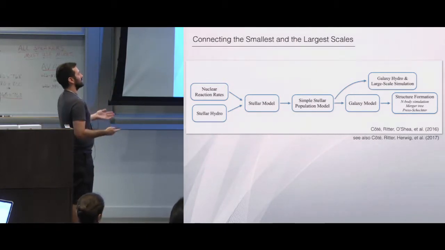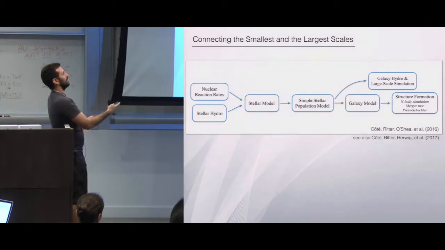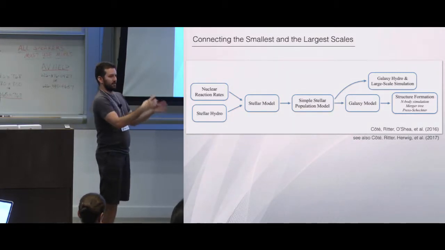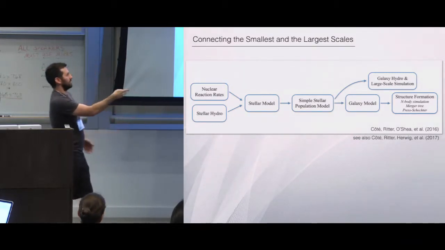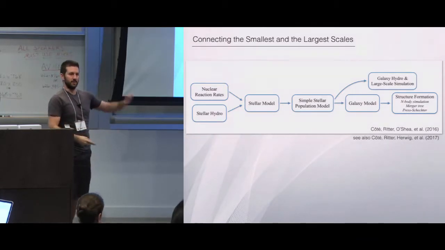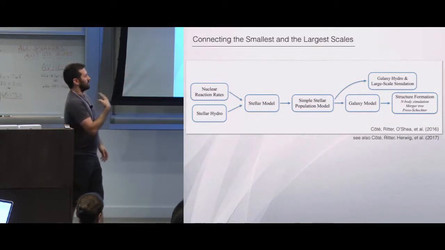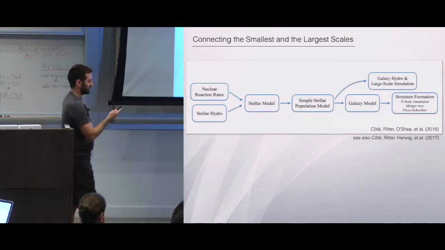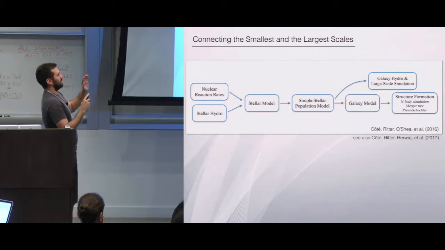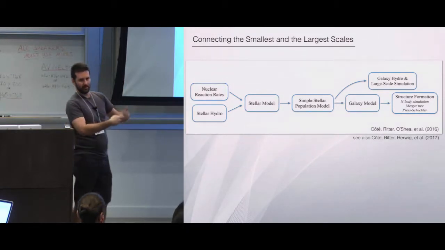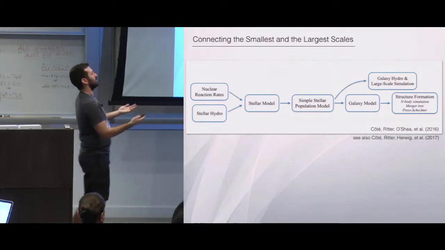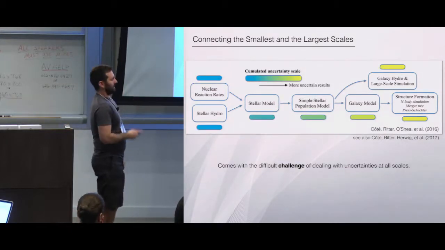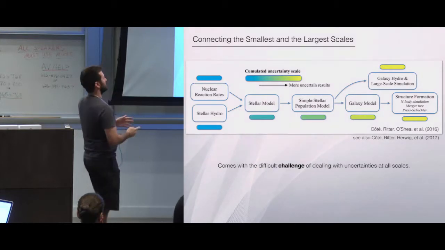This is a table that has all the elements and all the isotopes that are ejected by stars. They do this for many, many stars, and then they give it to us, and then we combine that with different populations into the model code, and we have stellar clusters, and then we embed this into a galaxy model to follow the life cycle of stars using their population code, and we can also include different processes with respect to galaxy evolution. So this is good because we can include a lot of different physics. We can create a coherent picture of how stars and galaxies evolve together, but that implies a lot of uncertainties and a lot of degeneracies.